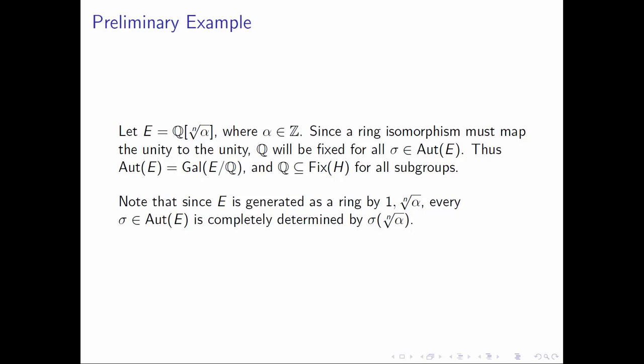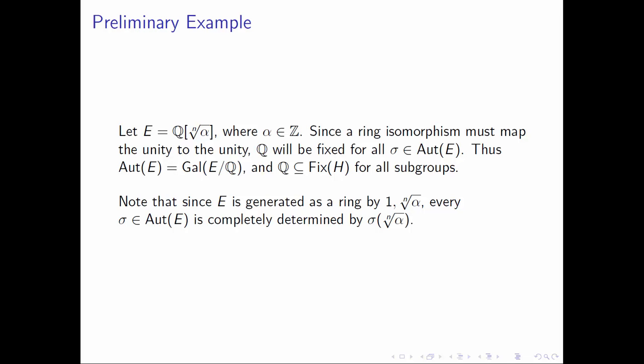So it follows that the rationals will be fixed by every single member of the automorphism group of E. So if you're looking for the Galois group of E over the rational numbers, where the rational numbers are an obvious subfield here, then that's going to be the whole automorphism group of E.